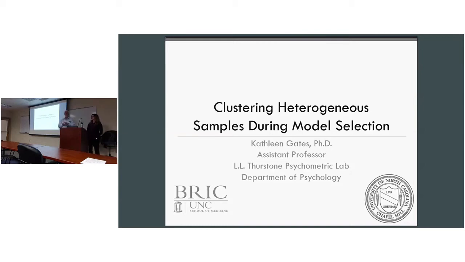Okay, we're ready. So it's my pleasure to introduce Kathleen Gates. She is assistant professor of psychology at the University of North Carolina, Chapel Hill. She attended and graduated from Michigan State, took a master's degree from the City University of New York, and a PhD at Penn State.